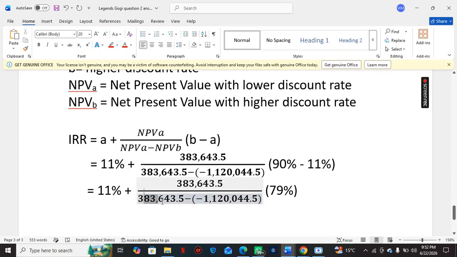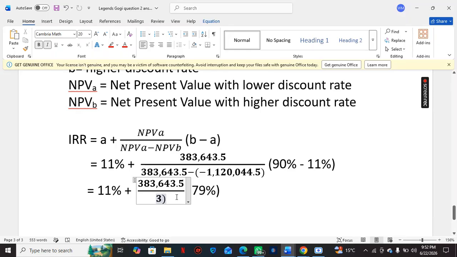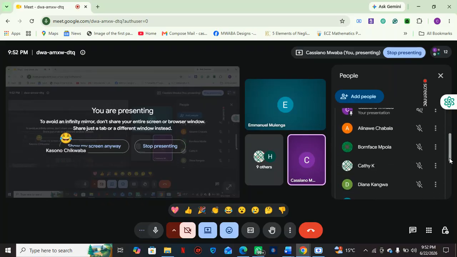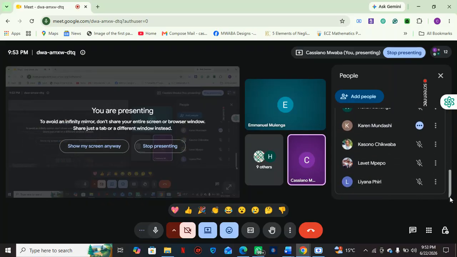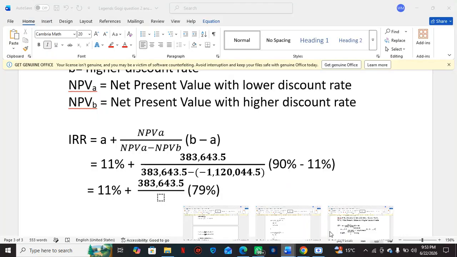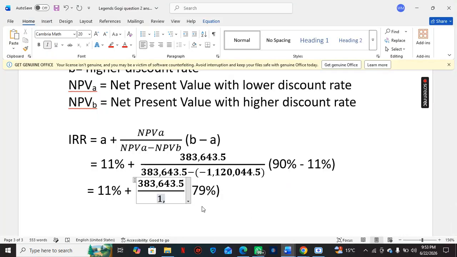Now this one here, 383,643.5 plus this number, what do we get? Madam, okay, 1,503,688.